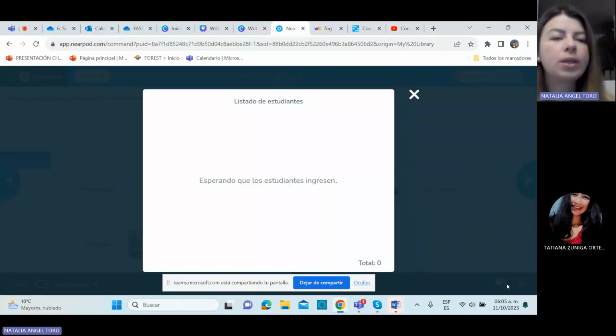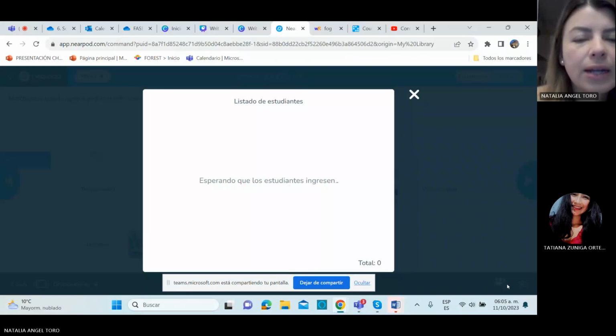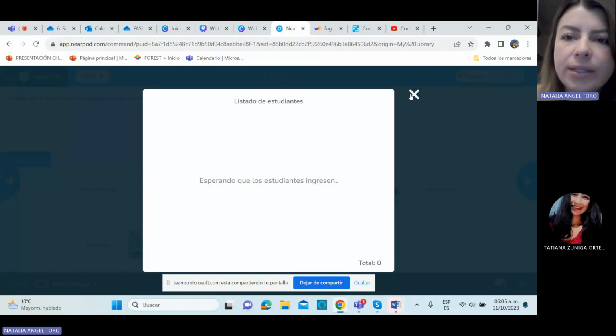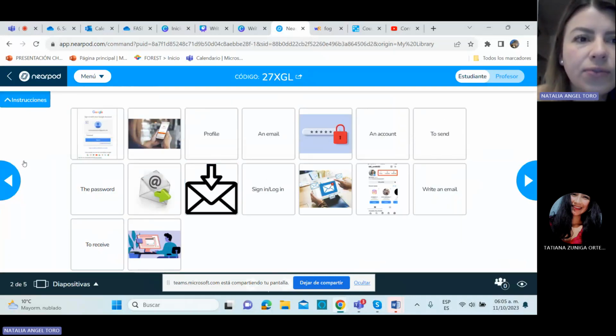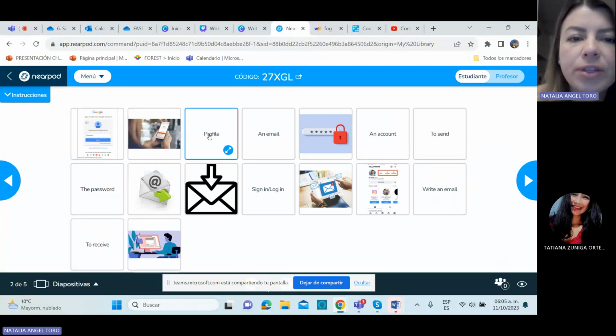So go into the website and you will find the first activity. The idea with this activity is to find the picture, the photo, which corresponds to every word here.